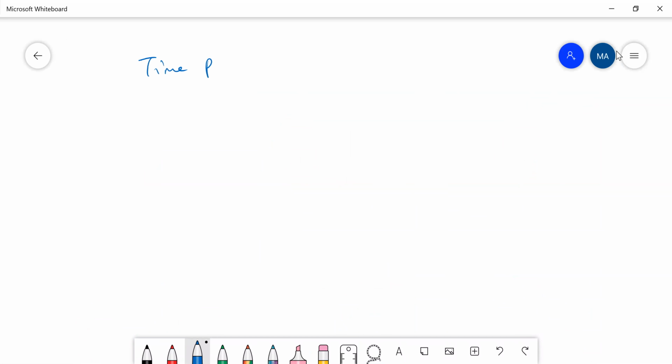So in general, we call this notion time preference, okay? And usually we imagine something like this. Okay? Now, what you see here is very similar, but there is this term.